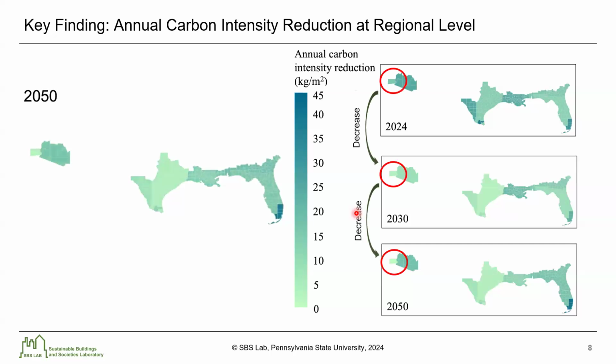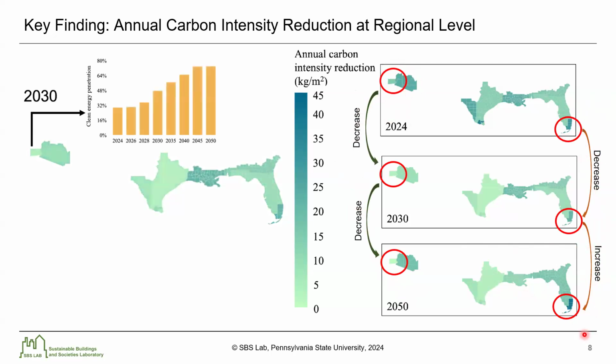For example, this region, a hot climate zone in California, will gradually decrease. And this region in Florida will decrease from 2024 to 2030. However, the carbon emission reduction will gradually increase from 2030 to 2050.